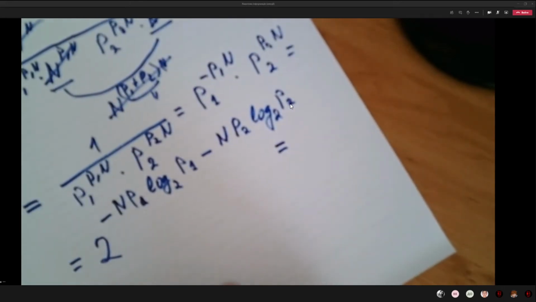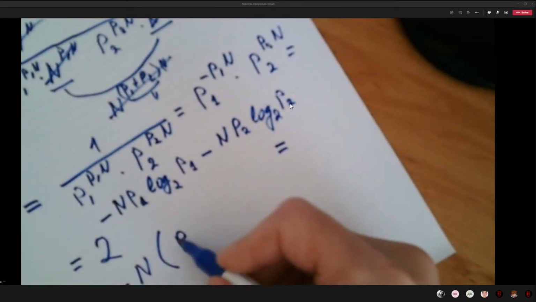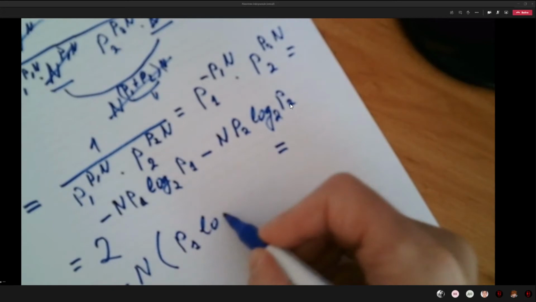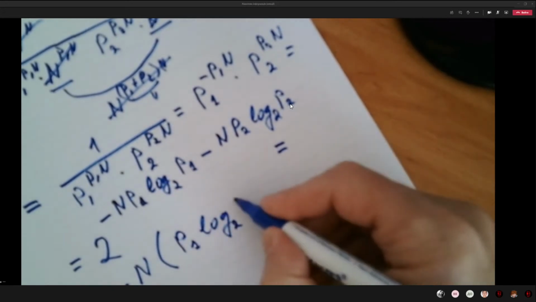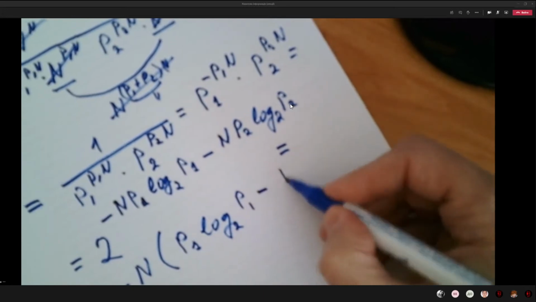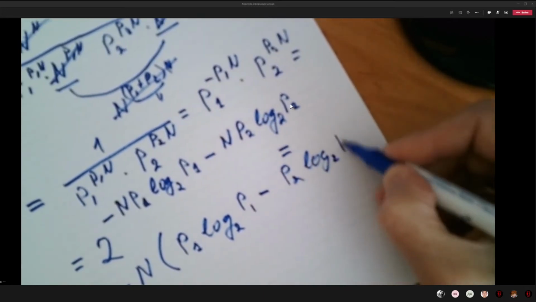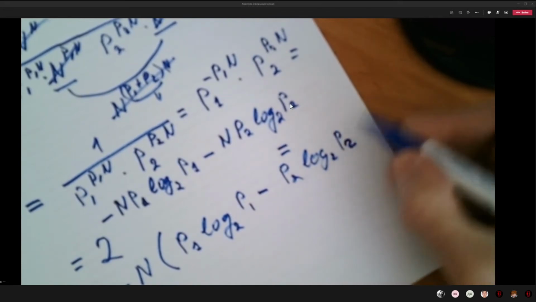Or we can write 2 in power minus n, and here we have p1 log 2 p1 minus p2 log 2 p2.